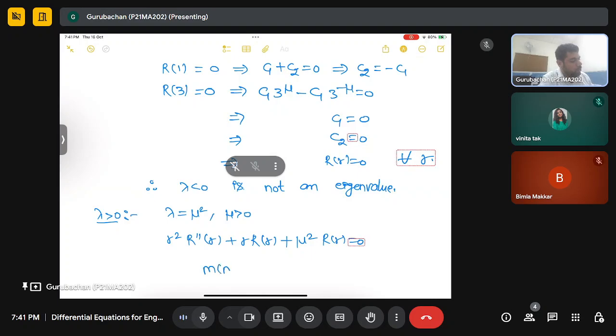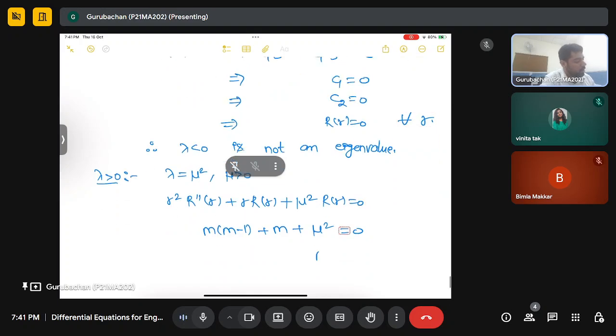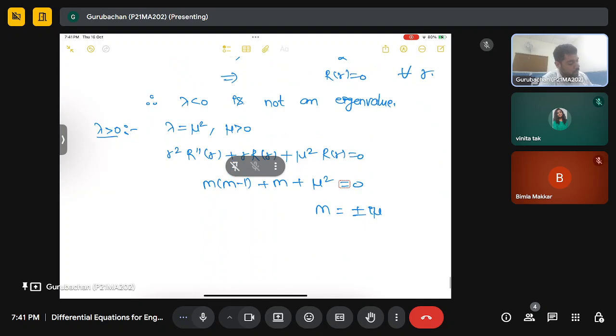So your auxiliary equation will be m(m minus 1) plus m plus mu square equal to 0. Your m will be plus minus i mu, and your R of r will be c1 cos(mu ln r) plus c2 sin(mu ln r).